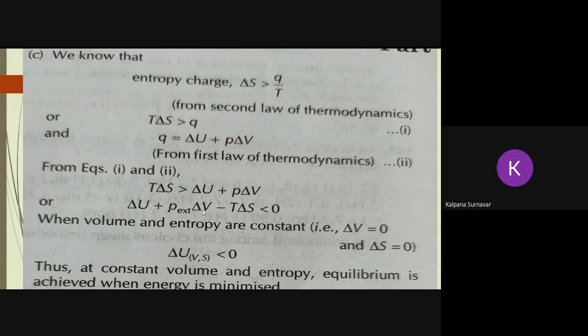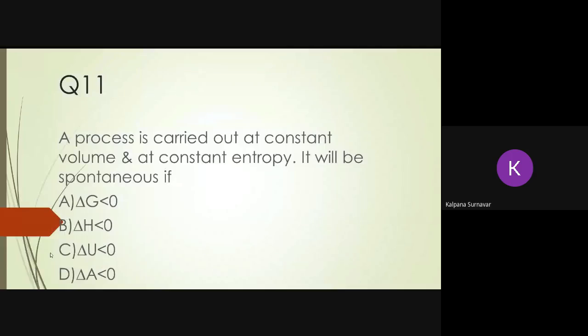The P external delta V term becomes 0 because delta V is equal to 0; we kept volume constant. The third term, minus T delta S, is also 0 because entropy remains constant. So our spontaneity equation is delta U at constant volume and constant entropy less than 0. So our answer C is correct.